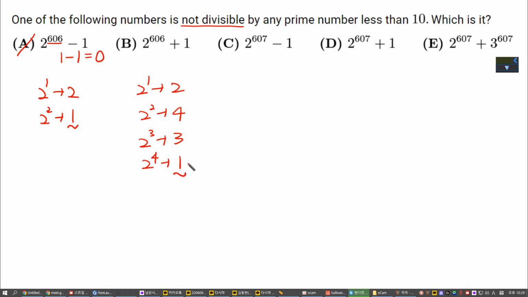When 1 comes out, the remainder when divided by 5 has a cycle of 4. Because 606 has a remainder of 2 when divided by 4, it follows this one. So the remainder is 4 plus 1, which is 5. That means it's a multiple of 5. So B is also not the case we want.